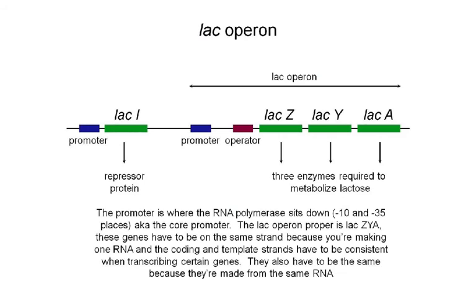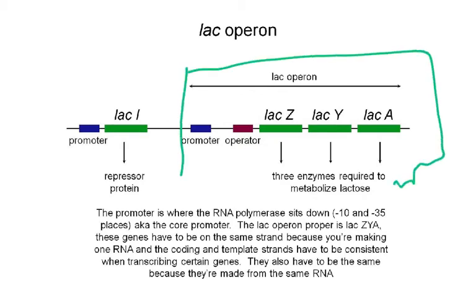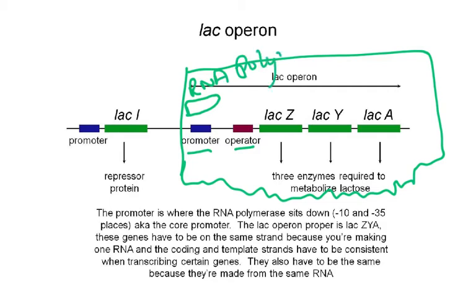Another diagram explaining this phenomenon. We have here the Lac Operon. Now promoter, operator and Lac Z, Y and A. Now, the promoter is where the RNA polymerase sits down. So here the RNA polymerase is going to bind. The Lac Operon proper is Lac ZYA.